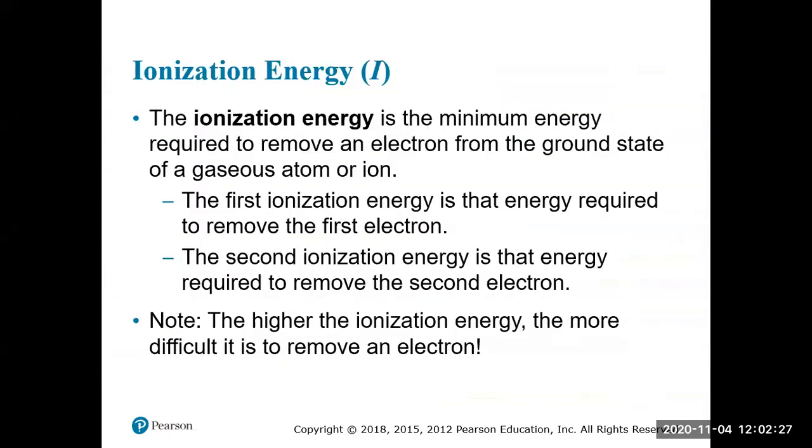Okay, so let's talk a little bit about ionization energy. Ionization energy is the amount of energy needed to remove an electron from a ground state gaseous atom or ion. And this concept of ionization energy, and how much energy you need to put into something to remove an electron from the ground state, is really important in the area of something called mass spectrometry.